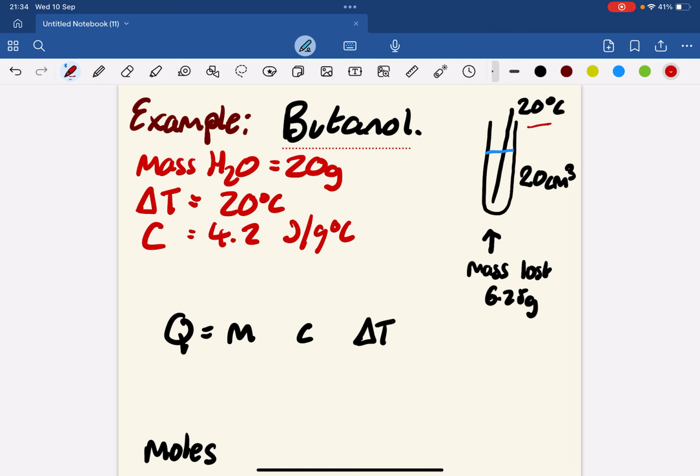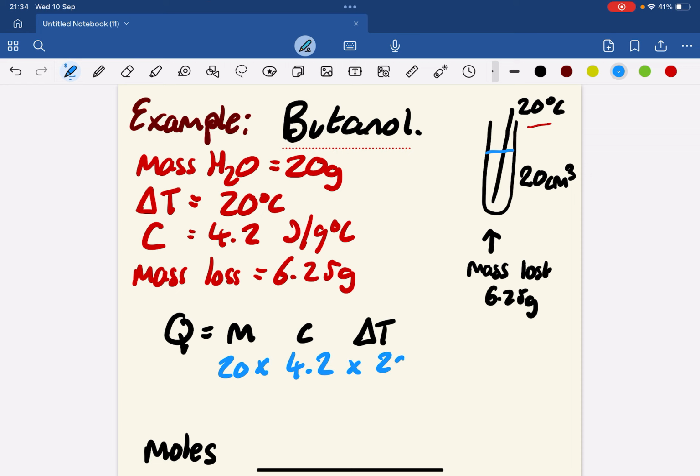Once the spirit burner was done, this was a real experiment, and the mass loss of the fuel was 6.25 grams. So when we put this into our calculations, the mass was 20 times 4.2 times the change in temperature, which is 20.